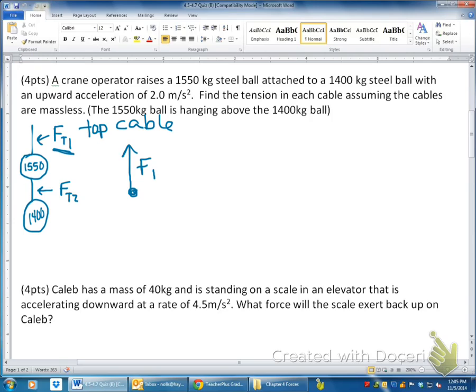There's tension that's pulling up on it. And what's pulling down? Force of gravity. Okay? So here, right now, we're looking at this cable right here. So we're looking at the whole system below it. Everything below it. Okay? Does that part make sense? For this top cable, we have to look at everything hanging below it.